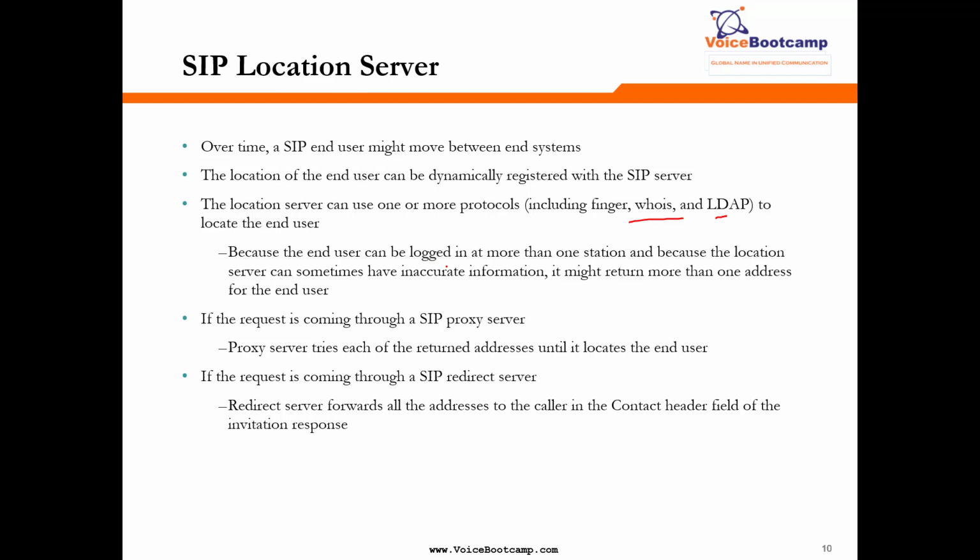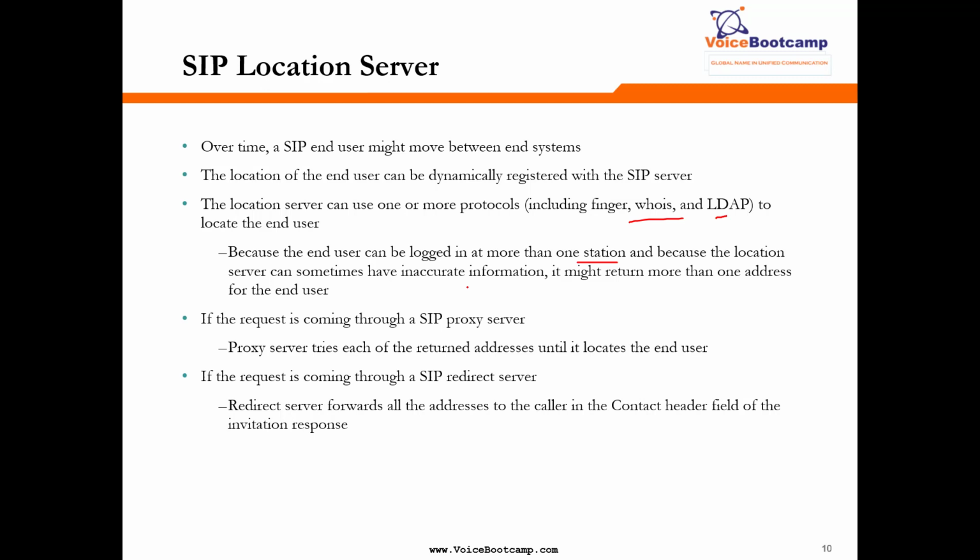Now, because the end user can be logged in at more than one station, like your iPhone or your smart Android phone and your desktop at the same time, the location server can sometimes have inaccurate information. So it might return more than one address for the end user. For example, you could be logged in from your desktop and at the same time from your iPhone, so you are in two different locations.